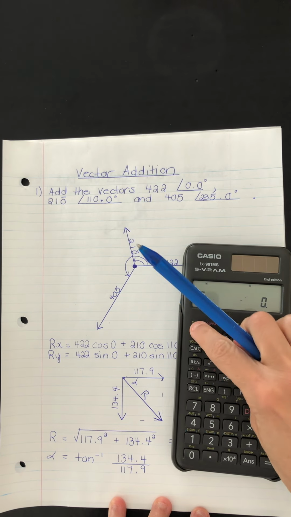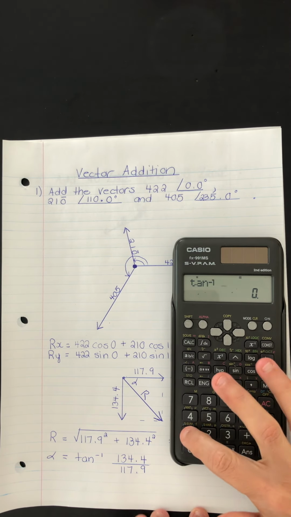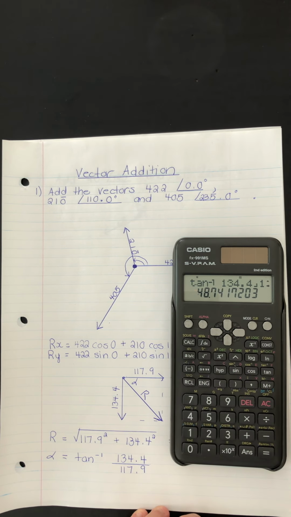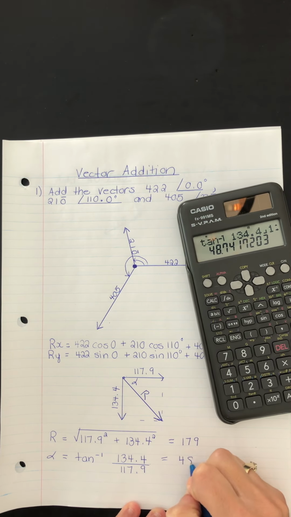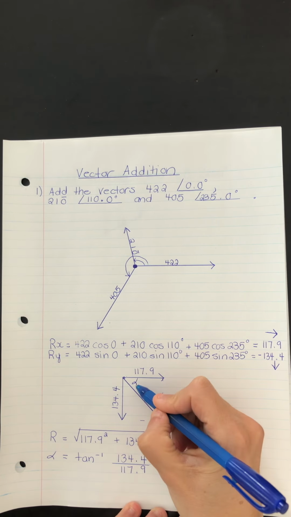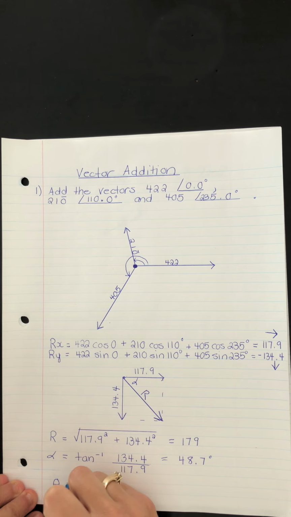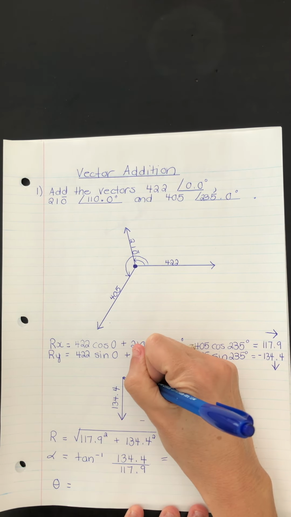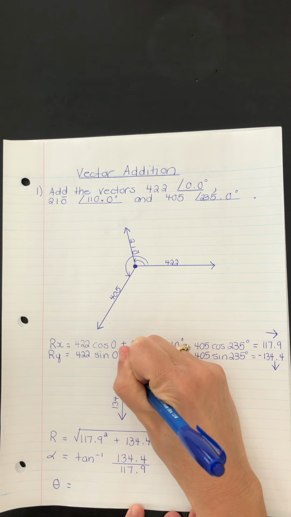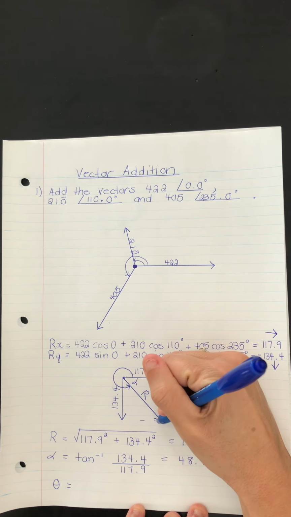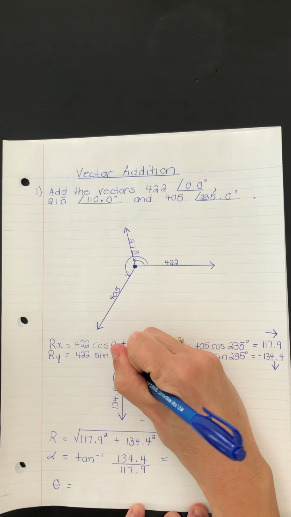So we're just gonna do shift tangent, and then it's 134.4 over 117.9. You can see that's 48.7 degrees. But that's this angle here inside my little triangle, and I want to always have my angles in standard form, which means start at the positive X direction, move around counterclockwise until you hit the line called R. So that's going to be theta.